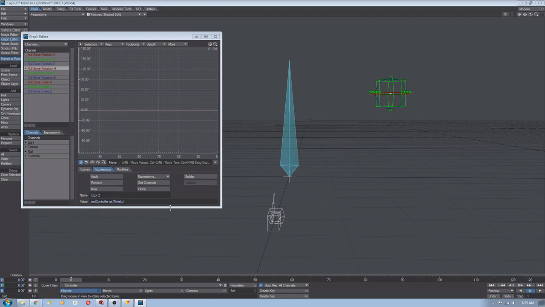And we can test that by, since I already have the expression running along the heading channel of the bone, I'm running the sine function using this controller to assign value, and it's along the pitch.